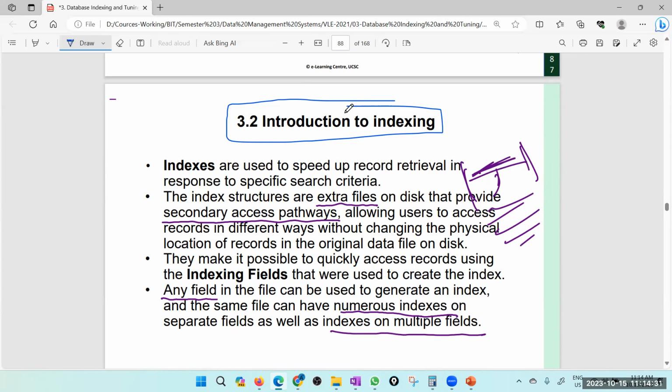Some sorted files can be such that the data file itself is sorted, so your data file is in sorted order.